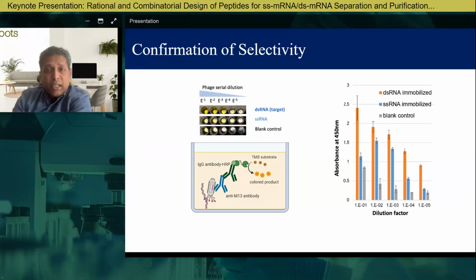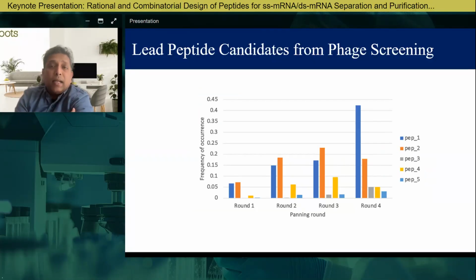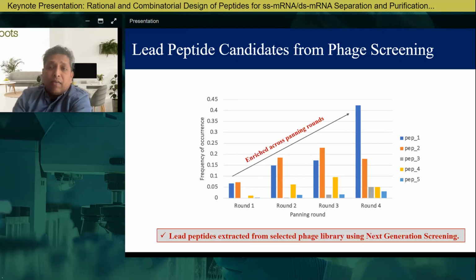A further sanity check that we perform is shown in the data here on the next slide. What I'm showing here is, if I take 5 top performing peptides, the measure here for good performance is the frequency of occurrence. So if a peptide sequence appears frequently during our sequencing, we associate that with good binding. So it is a surrogate measure, keep that in mind, but with our past experience, it has shown good correlations between performance and frequency.